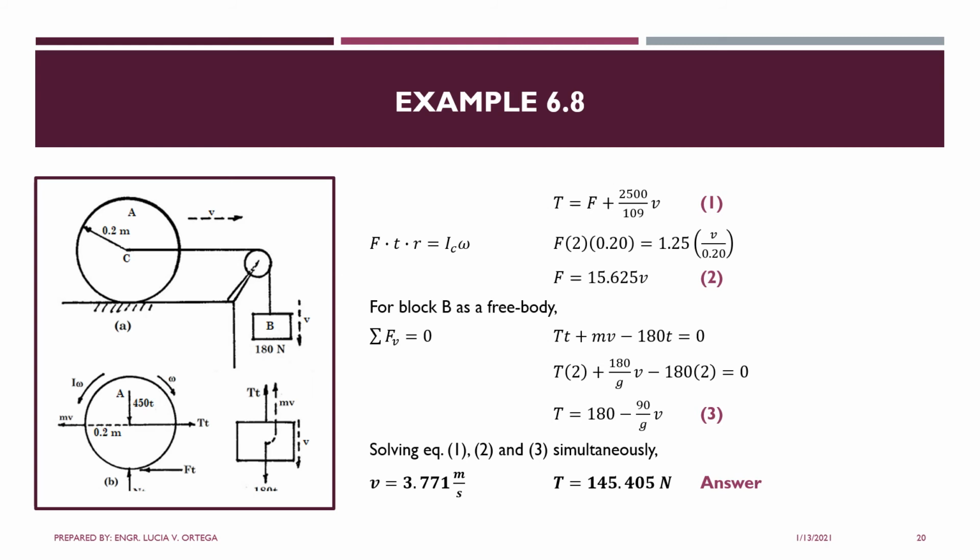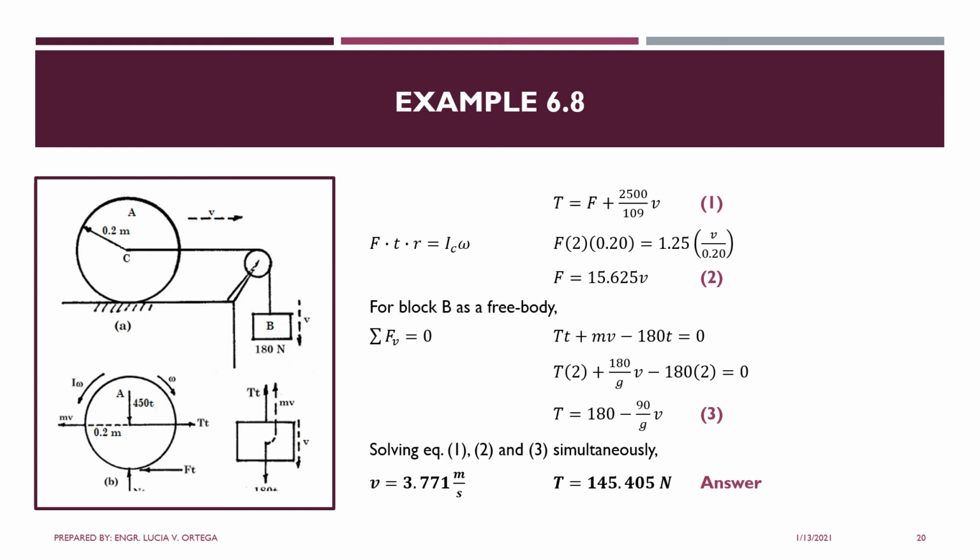So that is the same equation. We just write summation of forces vertical equals to 0, or you can write impulse is equal to change in momentum. So 180 times t positive, because it's going down, minus tension times t equals mass times velocity. So the result would be the same.